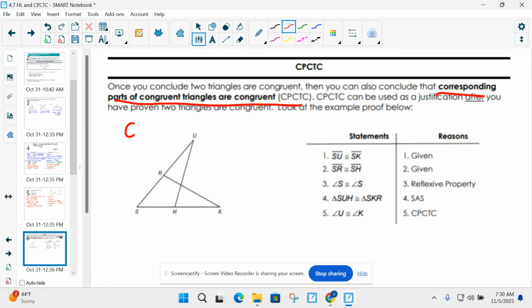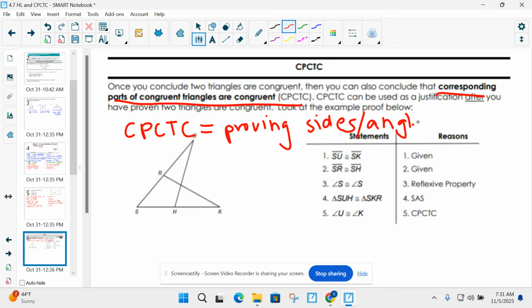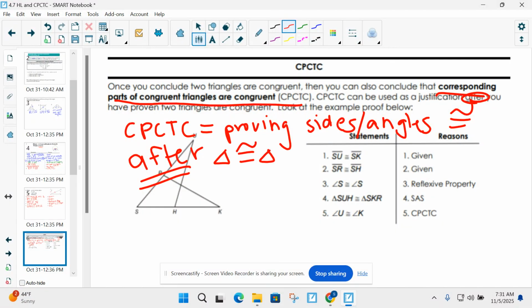So CPCTC can only be used for proving sides and angles congruent after you prove that the triangles are congruent. Do not use it for proving that triangles are congruent. It says corresponding parts of congruent triangles, not corresponding triangles of congruent triangles.